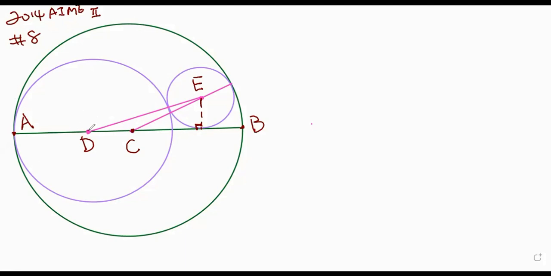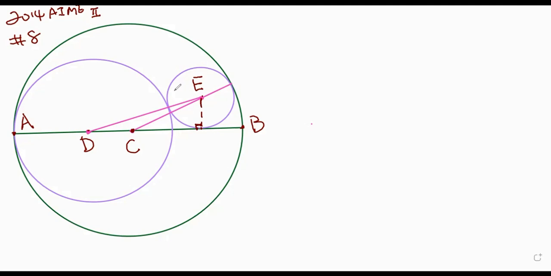And this is circle D, internally tangent at the point A. AB is the diameter of circle C. And here is circle E, internally tangent to circle C and externally tangent to circle D.